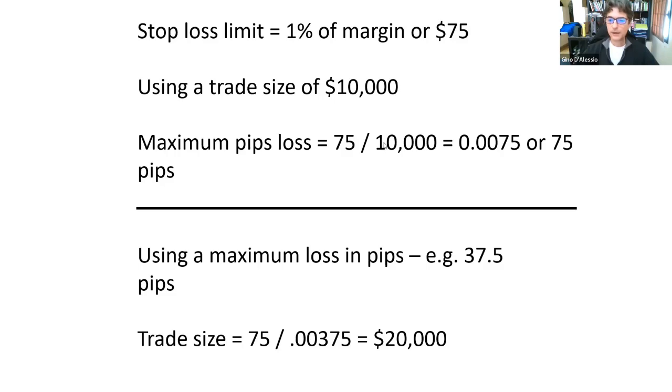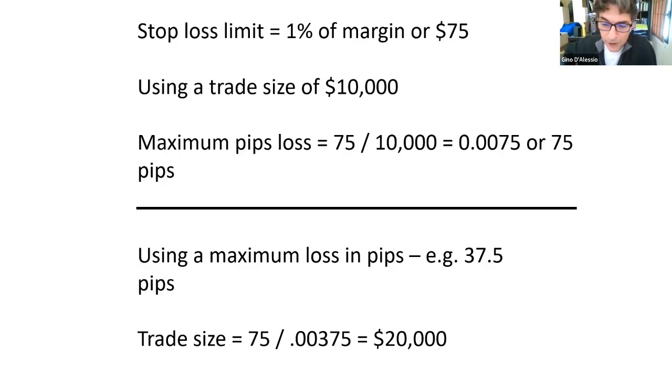So if I were to buy $10,000 at 1.10 of euro dollar, I know that my maximum stop loss has to be at 1.0925. If my charts tell me it's inside that, I know I'm comfortable with that trade, because my stop loss is not greater than my dollar amount. Now, the chart could also tell me, for example, that my stop loss is 37.5 pips away.